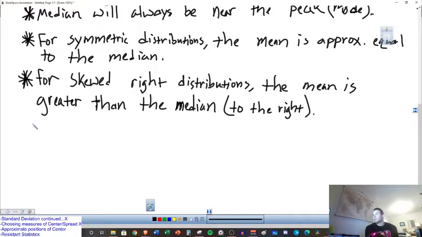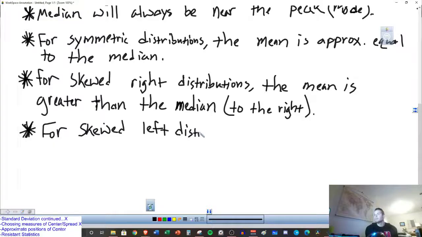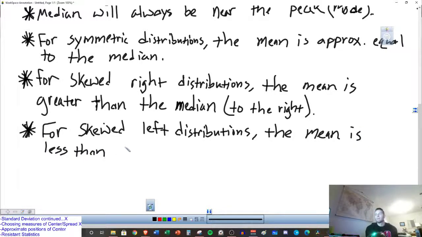So we have one more little note for this, and then we got one more section, and then we'll be done with this unit. So for skewed left distributions, the mean is less than the median.